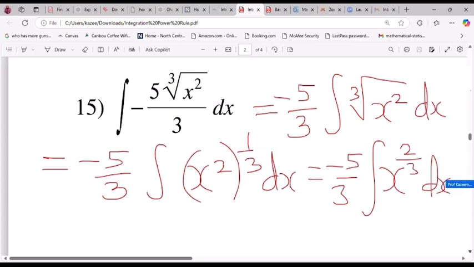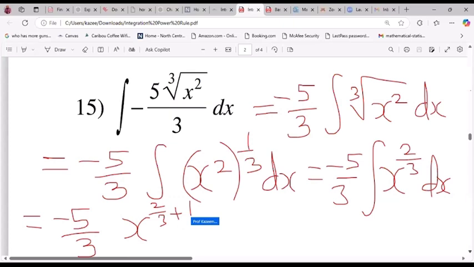Then I'm going to apply the rule of integration. Before applying the rule of integration, you need to simplify, and that's exactly what I've done. So here it is going to be x to the power 2 over 3 plus 1, divided by 2 over 3 plus 1, plus c.